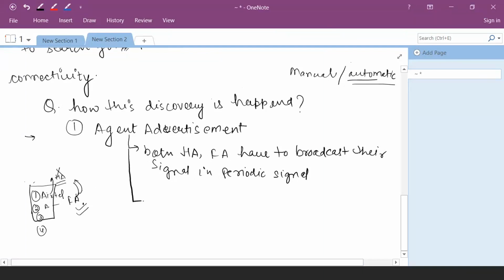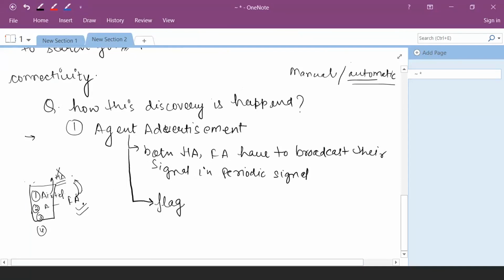How is it identified which one is the home agent and which one is the foreign agent? If I am an Airtel subscriber, then the home agent relates to Airtel and my foreign agent also relates to the Airtel service provider. So there is a flag.